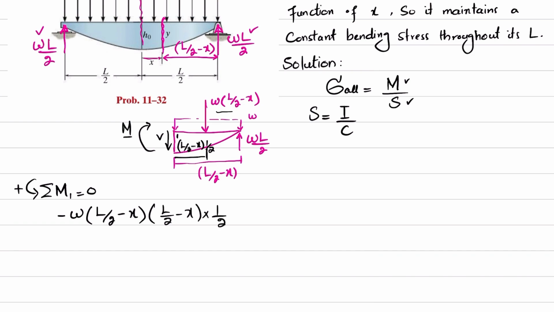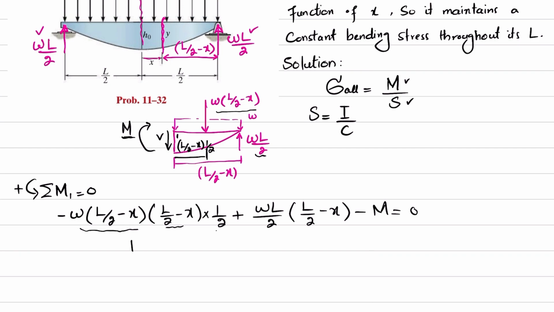The load given as W into this distance, divided by 2, plus W into L over 2 into the perpendicular distance L by 2 minus x, minus this external moment M, is equal to 0.